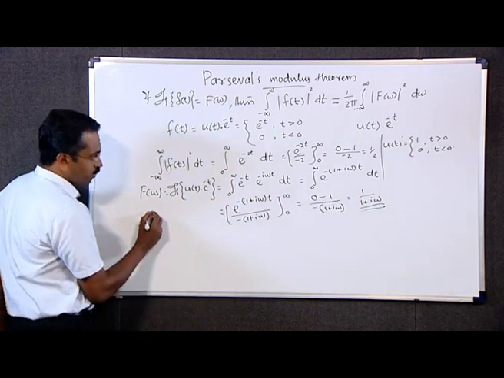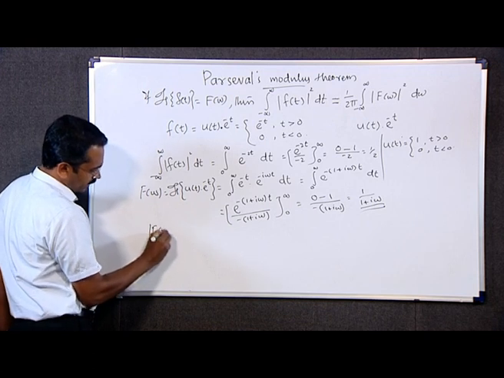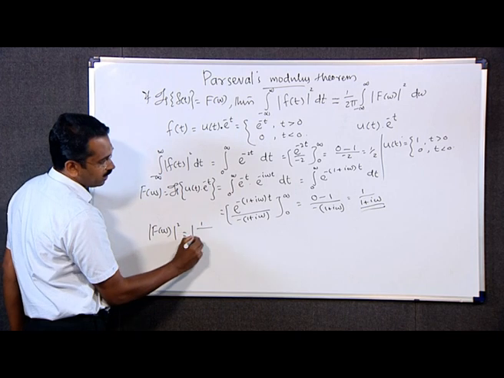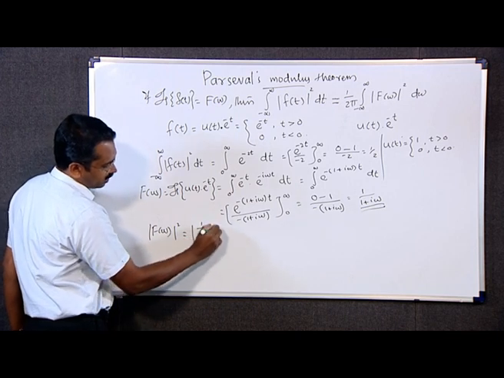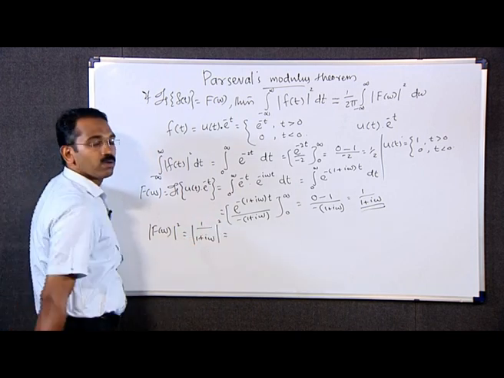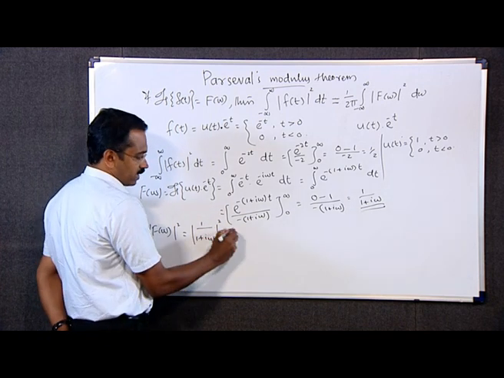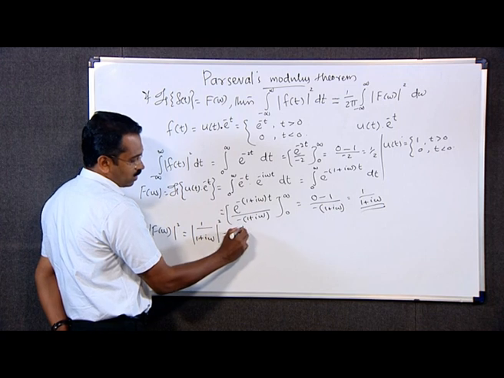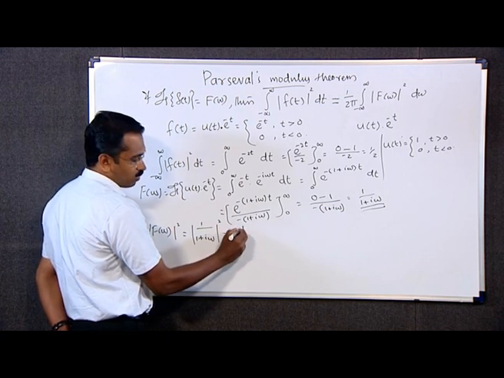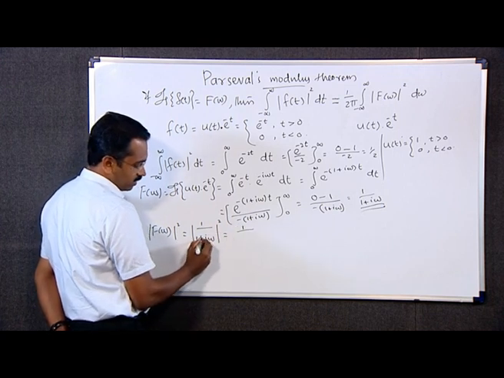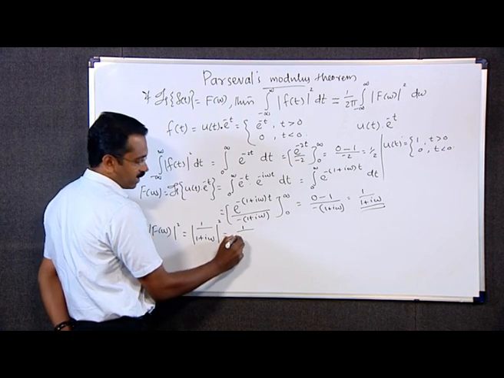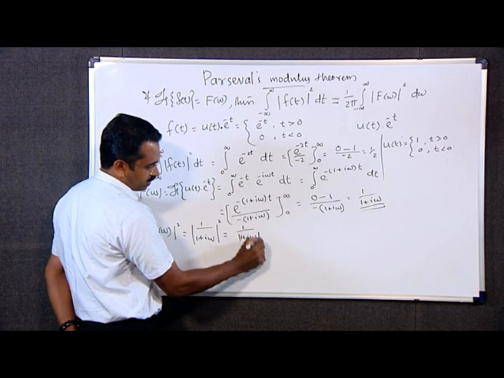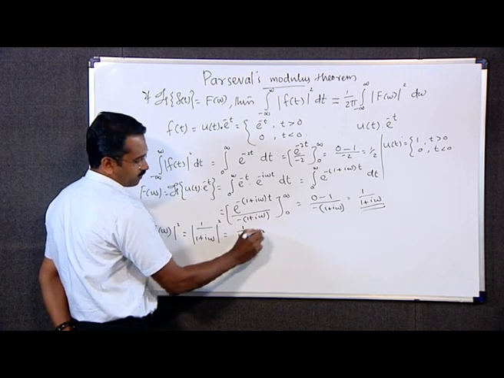Now, modulus of f of omega squared is equal to modulus of 1 by 1 plus i omega, the whole squared. By the property of modulus, we can write this as mod 1 divided by modulus of 1 plus i omega, the whole squared. Modulus of 1 is 1.